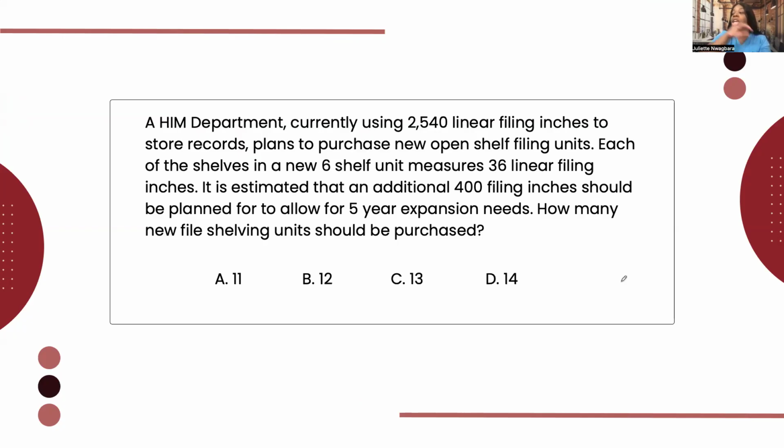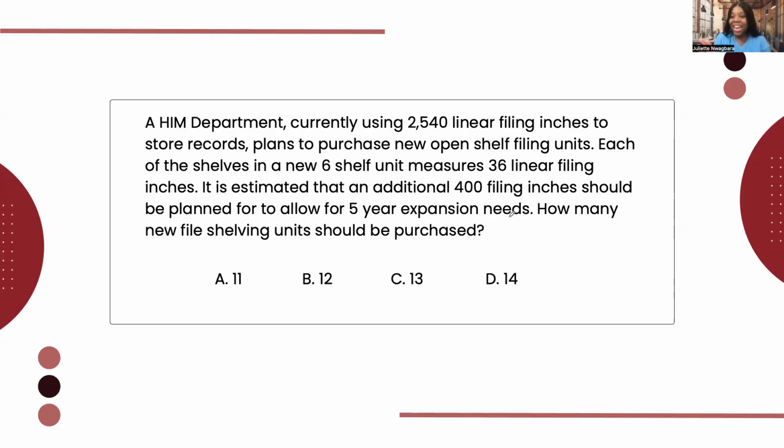Each of the shelves in this new 6-shelf unit measures 36 linear filing inches. It is estimated that an additional 400 filing inches should be planned for to allow for 5-year expansion needs. How many new file shelving units should be purchased?